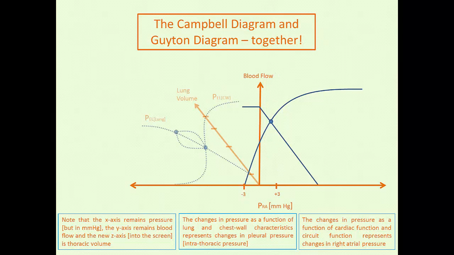And the changes in pressure as a function of that's not very well written. I apologize. The intersection of venous return and cardiac function represents or determines your right atrial pressure.